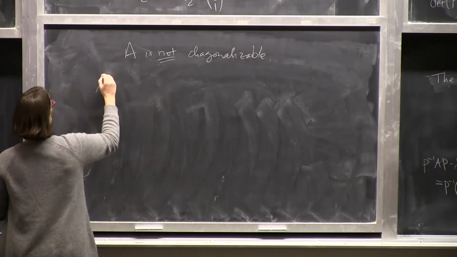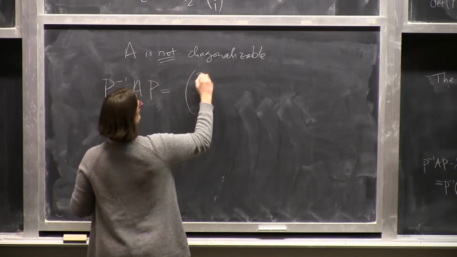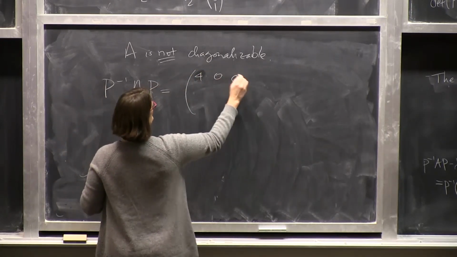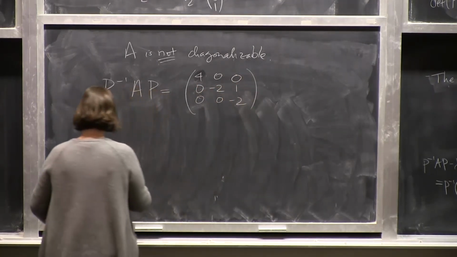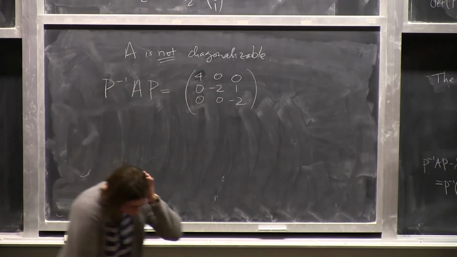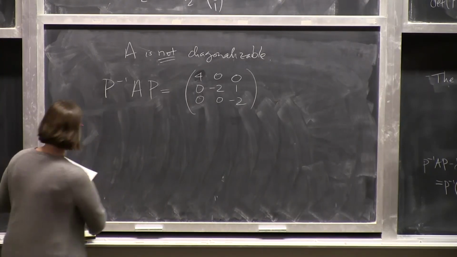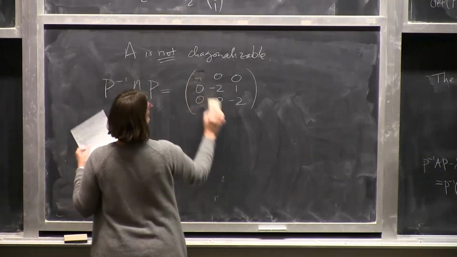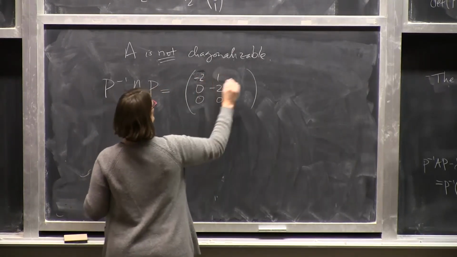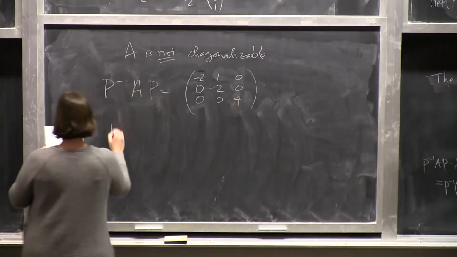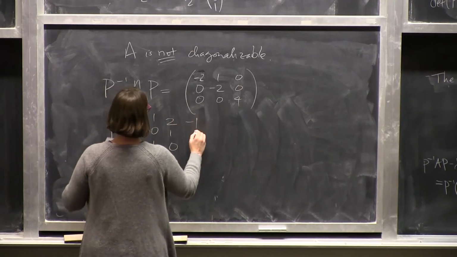On the other hand, P inverse AP is equal to the matrix with rows 4, 0, 0; 0, minus 2, 1; 0, 0, minus 2. Did I get them in the right order? Okay. You can check this at home. With the matrix P, which is 1, 0, 1; 2, 1, 0; minus 1, 0, 1.